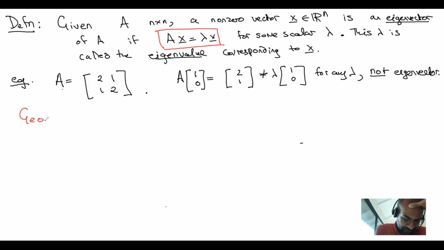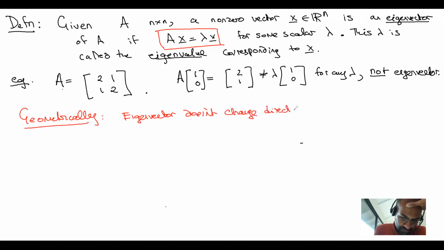So geometrically, an eigenvector doesn't change direction under A. So when you multiply by A, when multiplied by A, let's just put it that way.